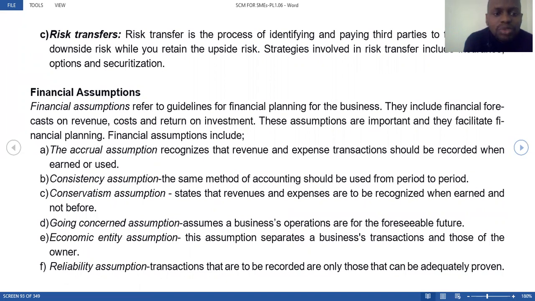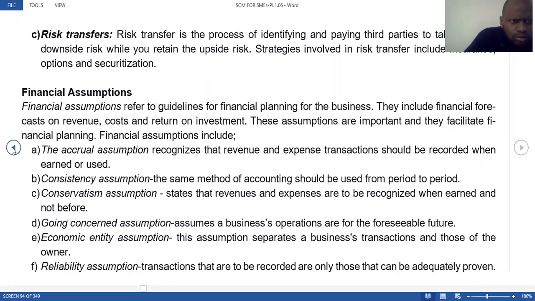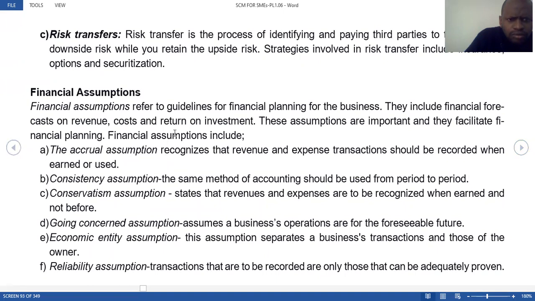What are some of the financial assumptions? We have the accrual assumption. Financial assumptions refer to guides for financial planning for the business. And this includes financial forecasts on revenue, cost, and return on investments.